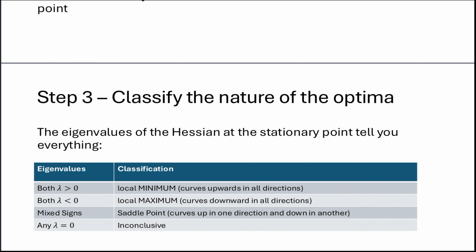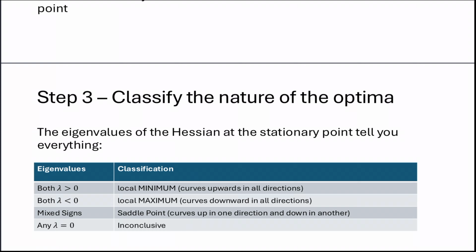So if we work out the eigenvalues of the Hessian, they tell us if our point is a minimum, maximum, or a saddle point, or even if the test is inconclusive. That's because the eigenvalues tell us if the Hessian is negative definite or positive definite.